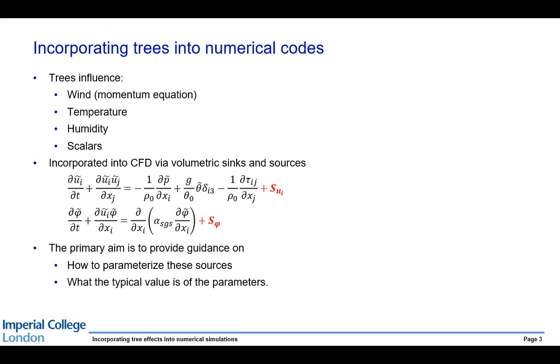So the way you model trees is essentially everywhere you have trees, and I'll talk a bit about that in a moment, you need to modify your sources and sinks of those governing equations. And that includes the governing equations of momentum and also temperature, humidity, and pollutant concentration.